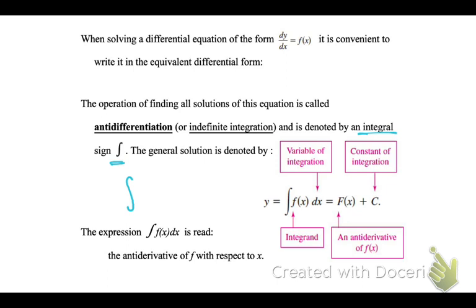Okay. The general solution is denoted as the integral. So we have y equals the integral of f of x dx, because you are integrating a derivative, so the dx is there, would equal the antiderivative plus the constant.